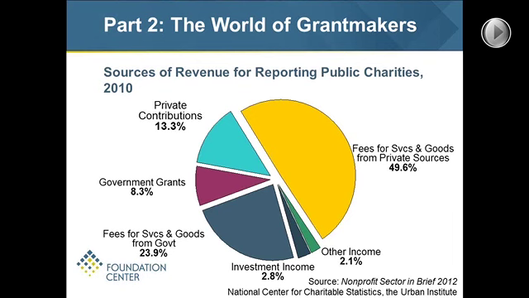If we look at the rest of the slide, the private contributions make up 13%, and that includes individuals, corporations, and foundations. Then we have the public support, which are from government grants, and also fees for services and goods from the government.